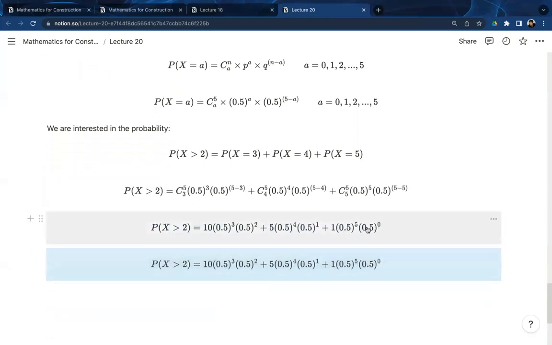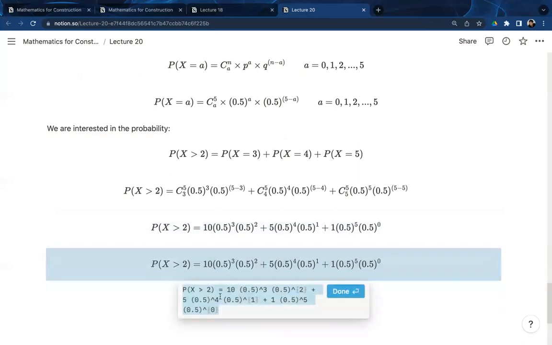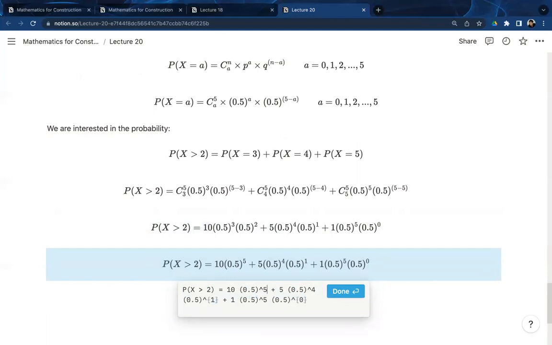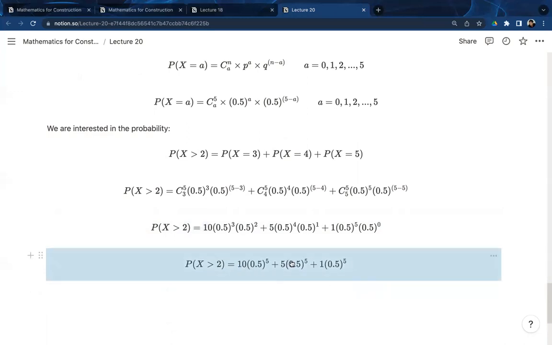So if you watch here, 0.5 cubed by 0.5 squared is 0.5 to the power 5. So we kind of get a nice simplification here. This is 0.5 to the 5 again. And this is 0.5 to the 5. So you have 10 plus 5 plus 1.